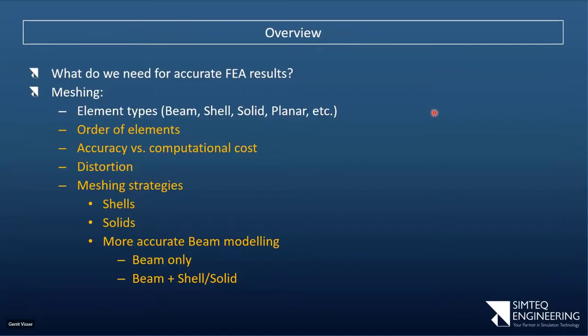Okay, so just in overview, what we've covered so far was the basics of elements. Yes, we say meshing, but it's not yet meshing. This is just about the element types. So I looked at beam, shell, solid elements, planar elements, and some elements that we touched on, but did not spend a lot of time on specifically.